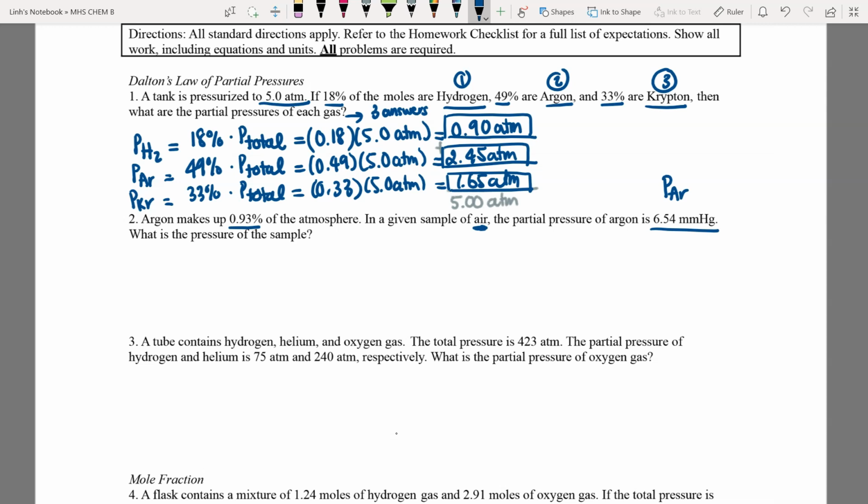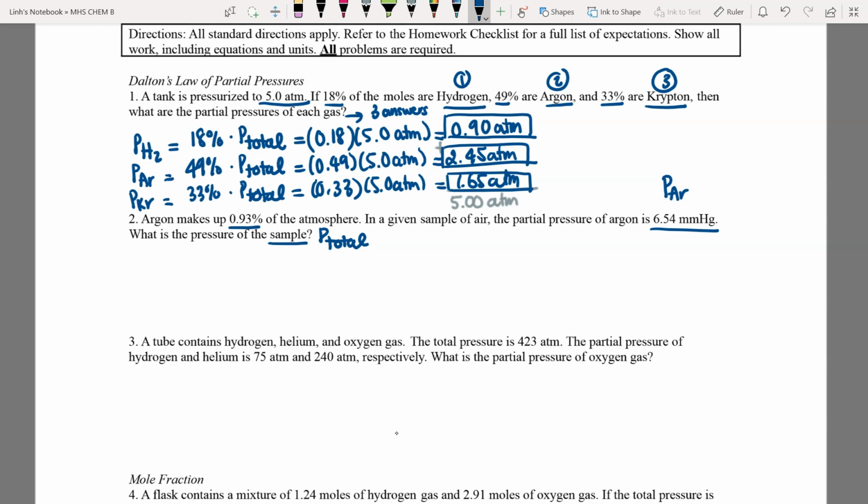What is the pressure of the sample? Now, this question kind of spins the first question on its head a little bit, because they give you the partial pressure of one of the gases within that sample, and they're asking for the pressure of the sample, aka the total pressure.